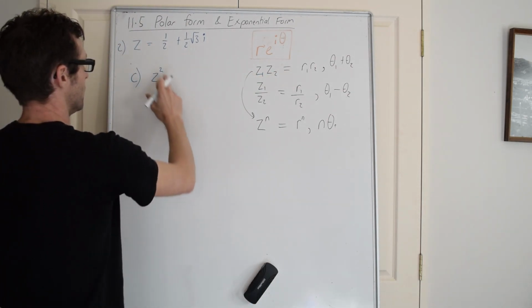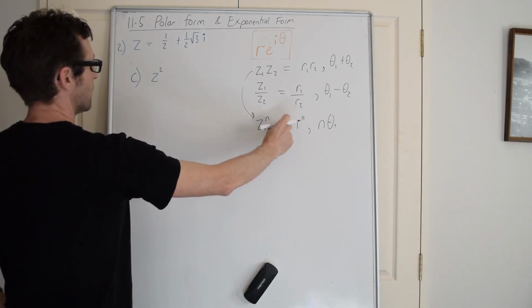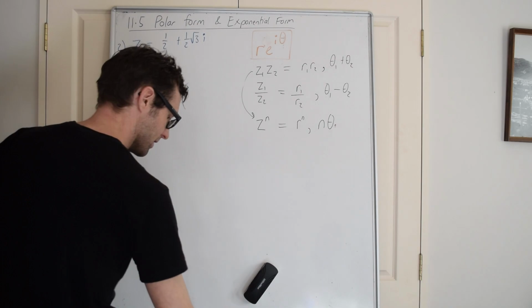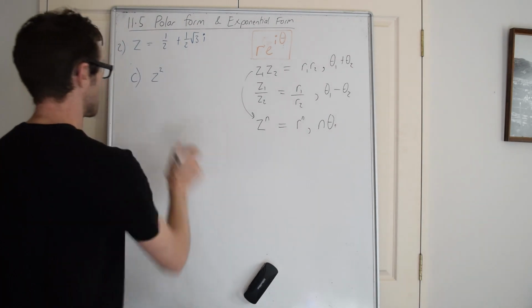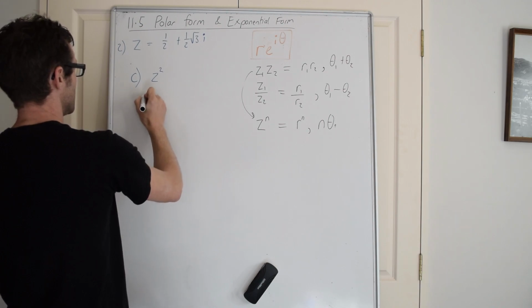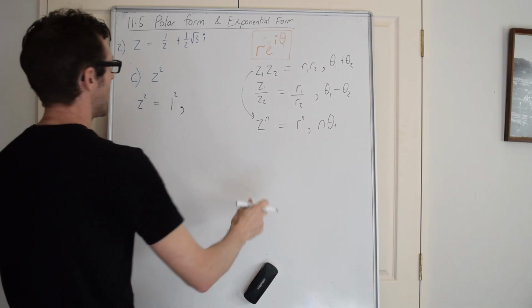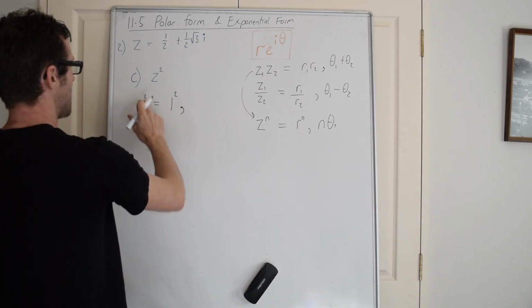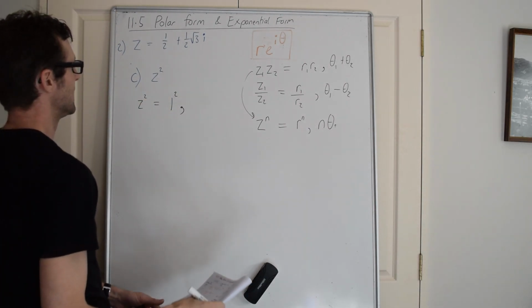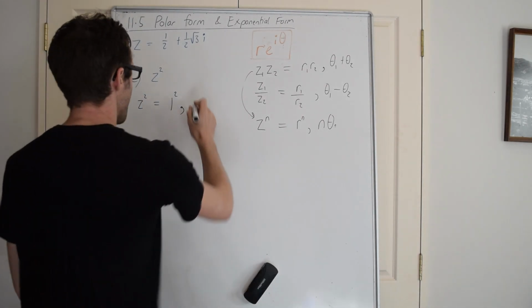So if I'm squaring it, I'm going to have r, whatever my modulus was. Now I worked out in question 2a that my modulus was 1 for z, so for z squared I'm going to have 1 squared. And I also know that my argument in z, because I worked that out in question A, was, I think, pi over 3.